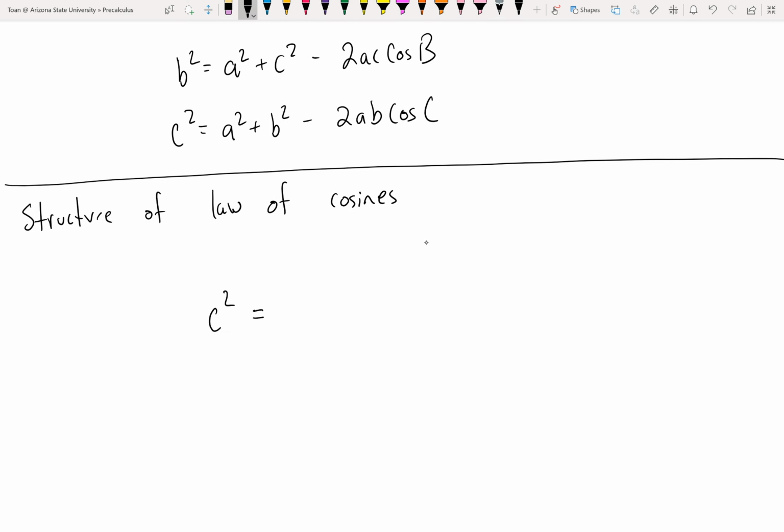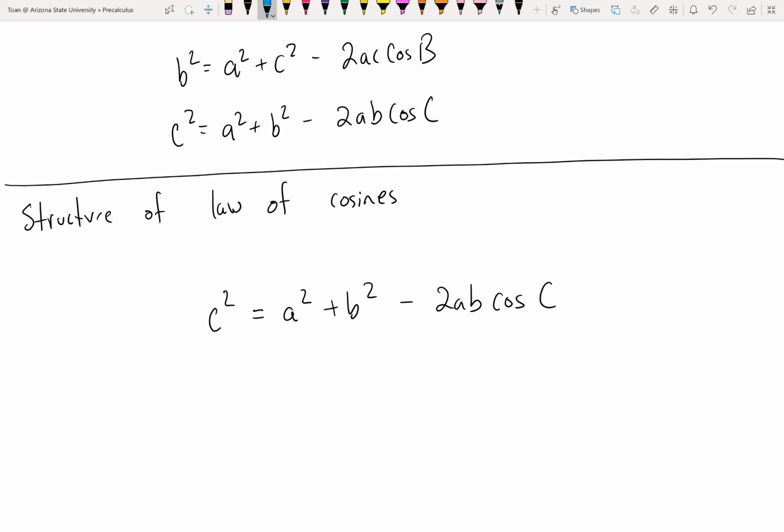So if c squared equals a squared plus b squared minus 2ab cosine c, just like the area of a triangle formula, it's just any two sides. That's where the Pythagoras theorem part plays a role.